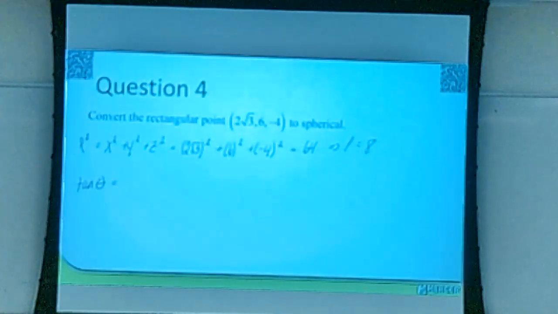Tangent of theta, so theta is given. Tangent of theta equals y over x, right? Theta is the same angle as in cylindrical. Which quadrant are we in?